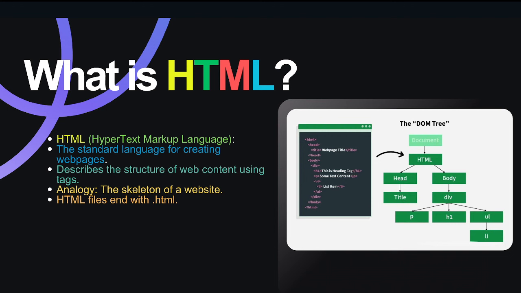It is the most important part of a website, from where the website starts, and HTML is found in files ending with .html. If you have experience with file extensions like .txt, .cpp, or .py for Python files, then an HTML file will have the .html extension, like file.html.